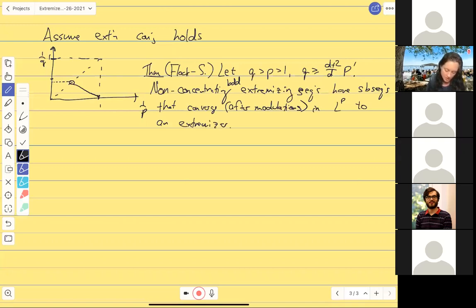So this is complemented by the following proposition, which is a very easy consequence of Hölder's inequality. And it states that when Q is off of the scaling line, extremizing sequences cannot concentrate.